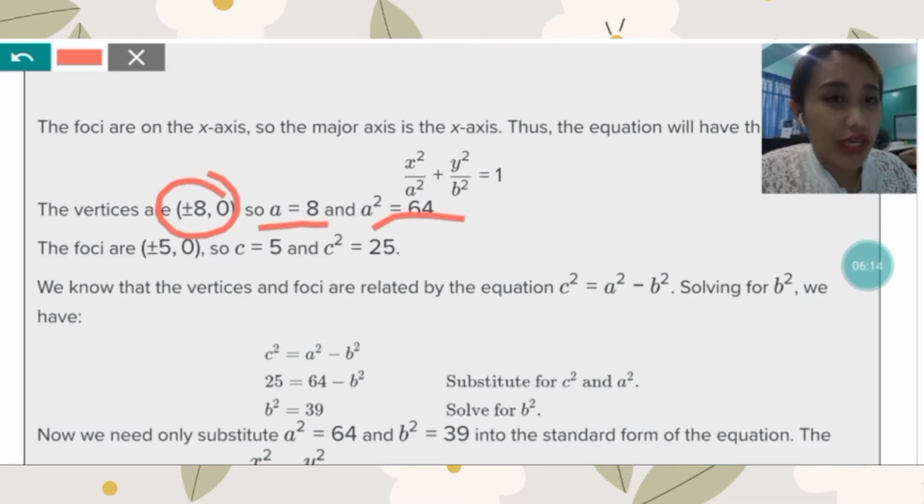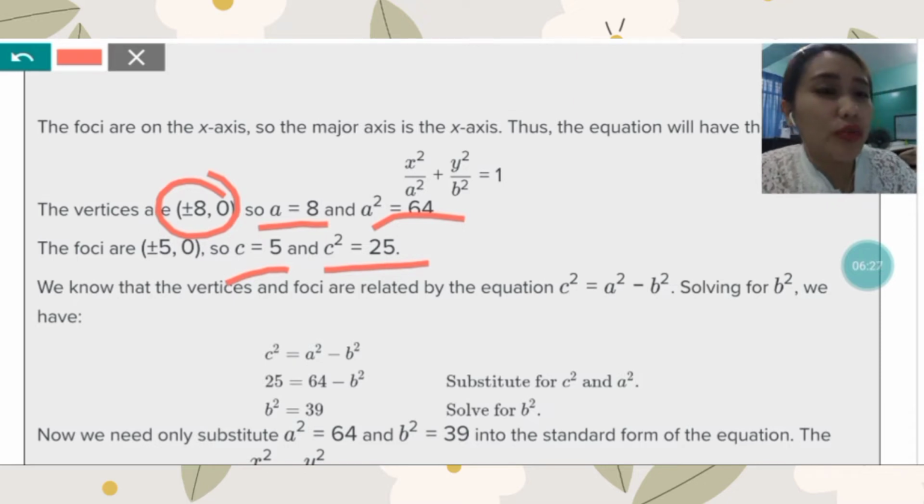Now the foci are positive negative 5, 0. So we know that c is 5, and c squared, 5 times 5, is 25. So we already have values for our a and for our c.